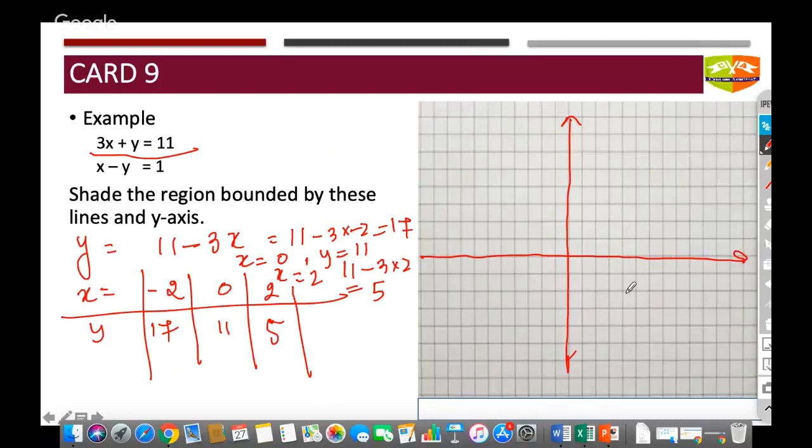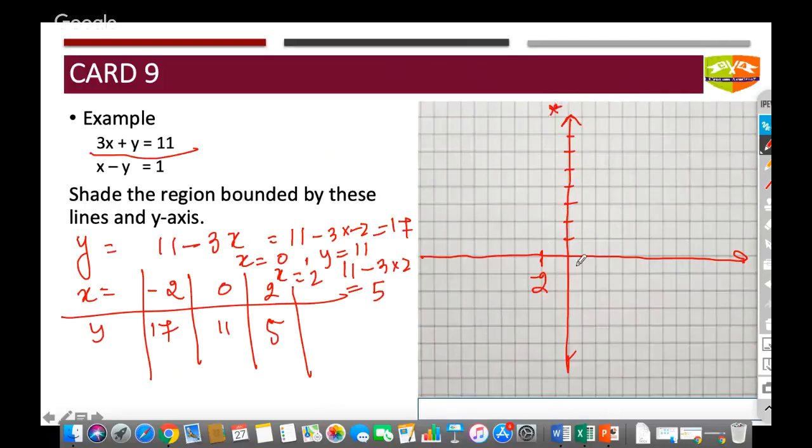Let me plot this line for you. I'll take this as minus 2, and I'm taking 2, 4, 6, 8, 10, 12, 14, 16, and this will be 17, so somewhere here.